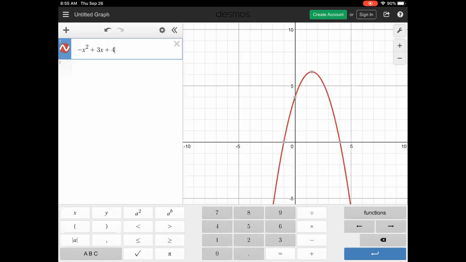So for every component that we add, it changes a little bit, right? And so if we just go through, negative x squared plus 3, right, shifts it up 3, and then 3x, right, shifts it over, and I guess changes it a little bit, plus 4.